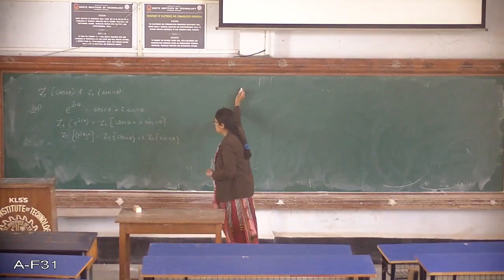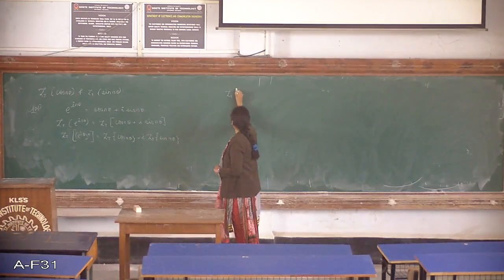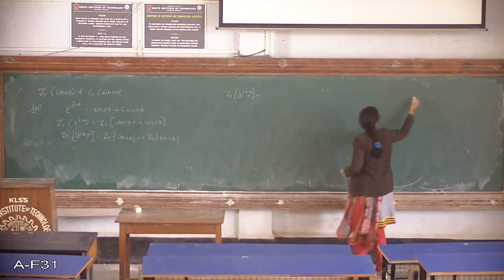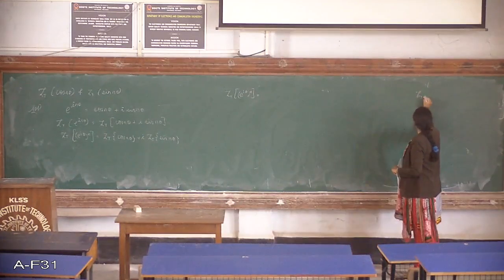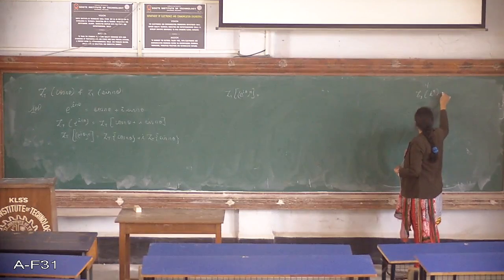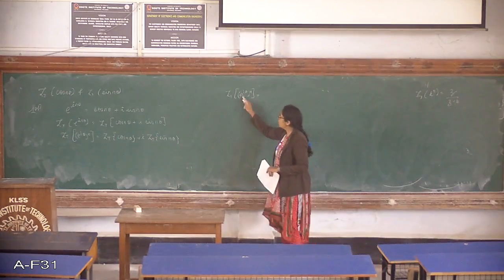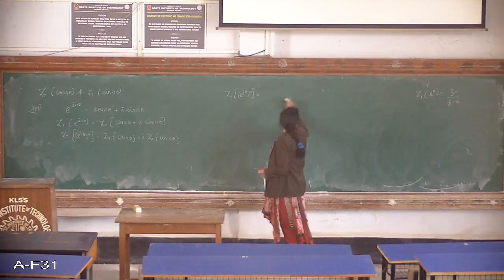So now let me just concentrate on the z transform of e raised to i theta raised to n. Now this, if you remember, we have just found out: the z transform of k raised to n is nothing but z by z minus k. So here I have e raised to i theta in terms of k.